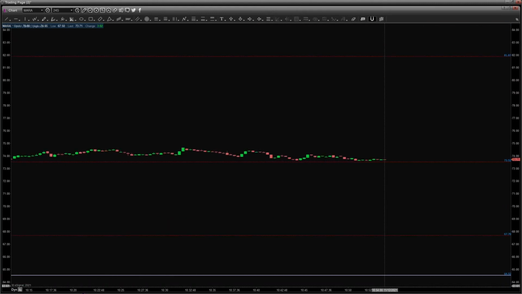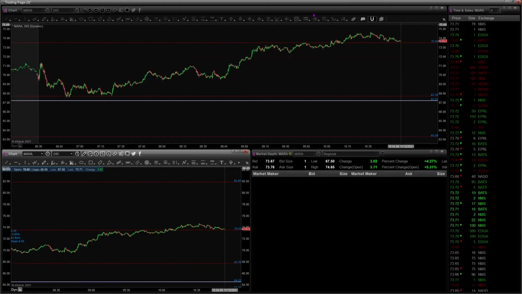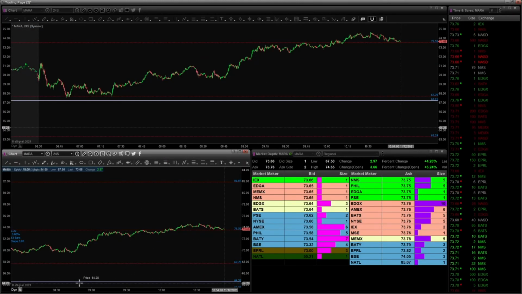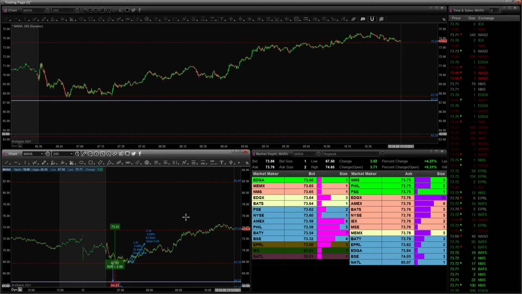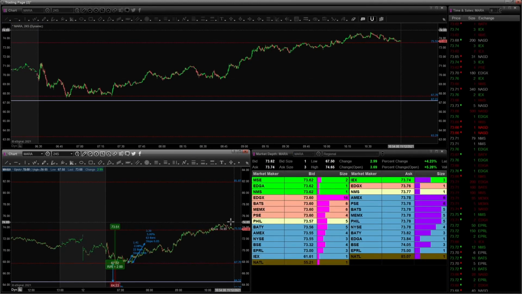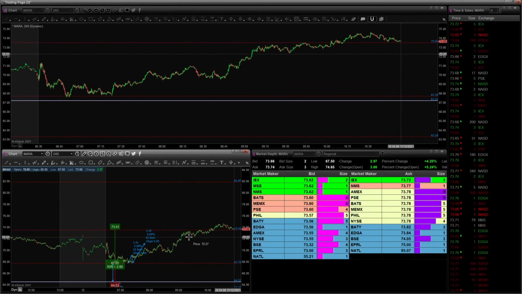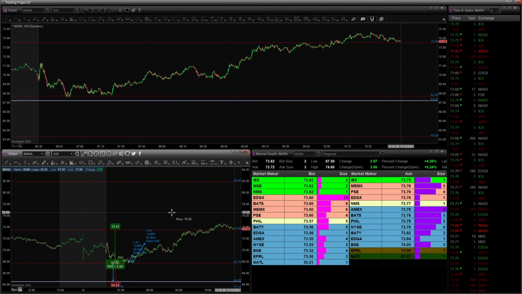Now you always want to check your 5-minute chart just to see if there's any resistance, like moving averages or anything like that. If there are moving averages in the way, those are going to act like pivots, especially if it's a daily moving average. I popped this on earlier, but let me show you again on the 5-minute chart.